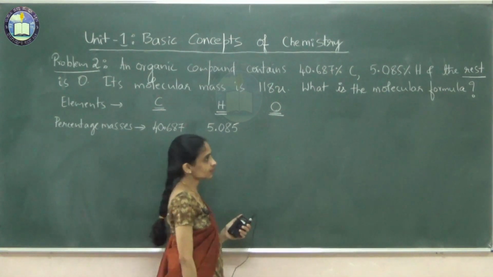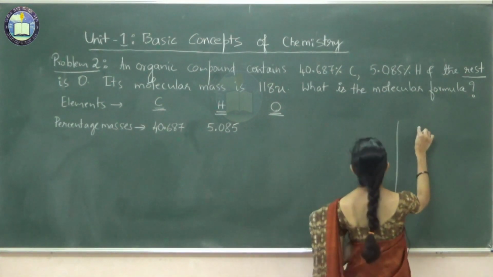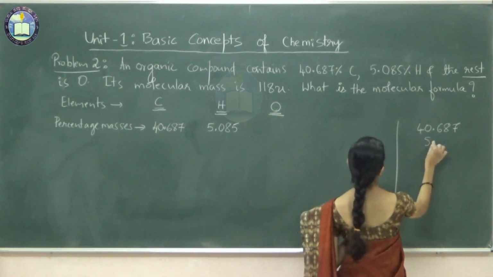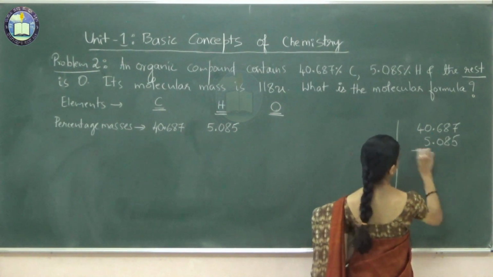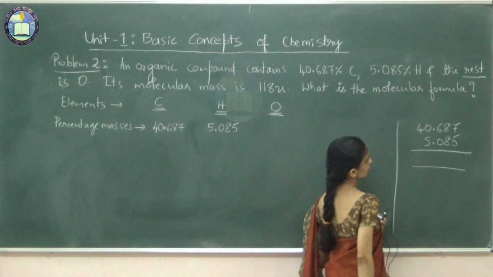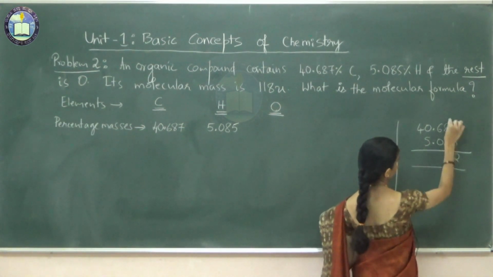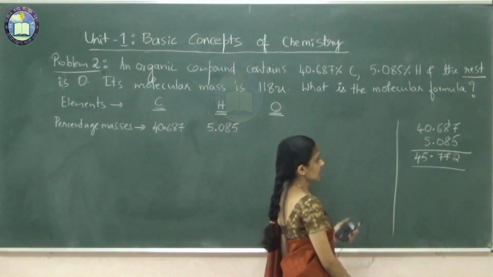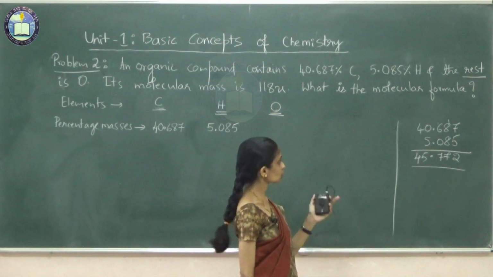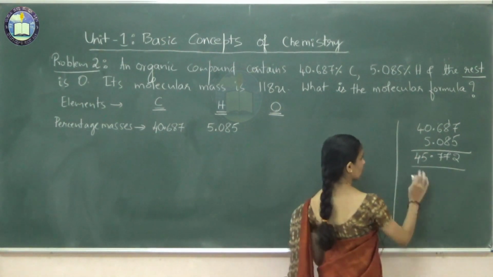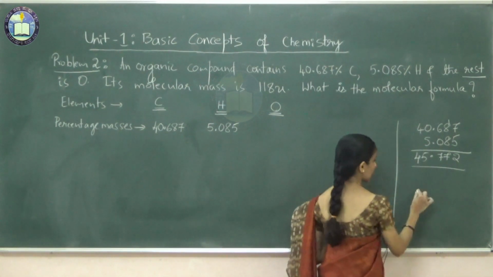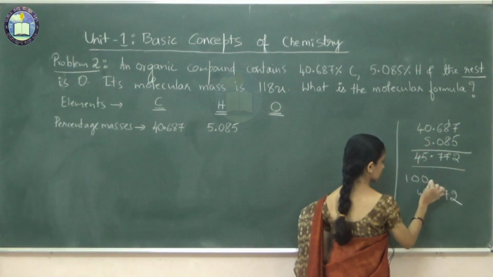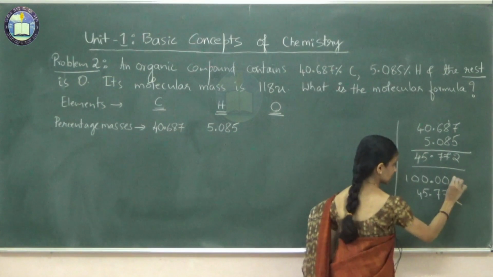How much is oxygen? I'll take 40.687 and 5.085. I'll add the two values. I'll get the sum as 45.772. Now, after getting the sum, I'll subtract the sum from the total value, that is 100.